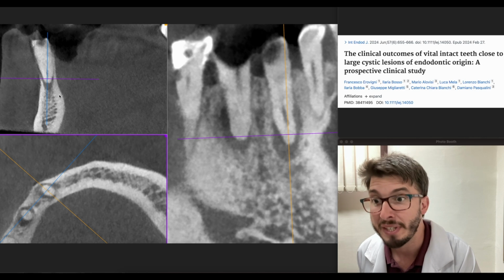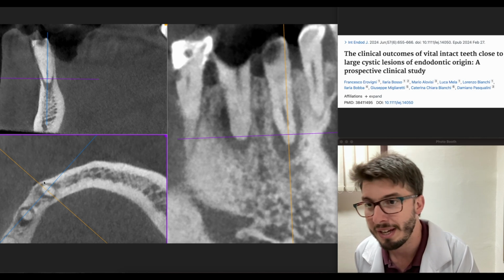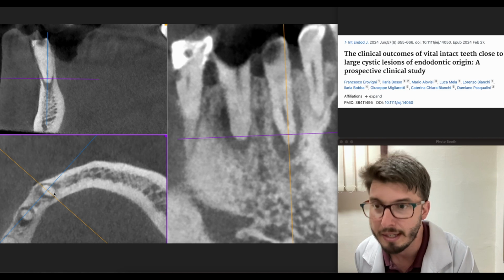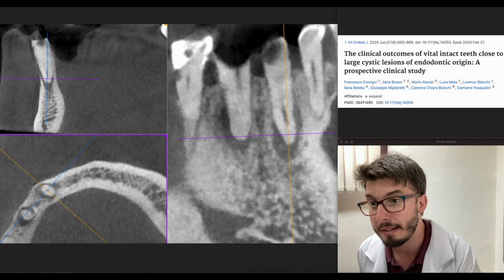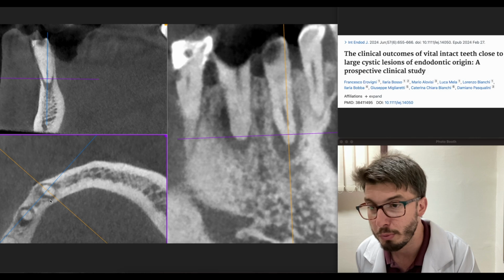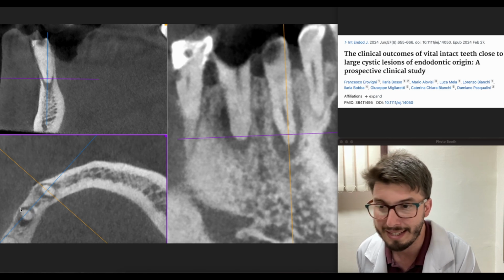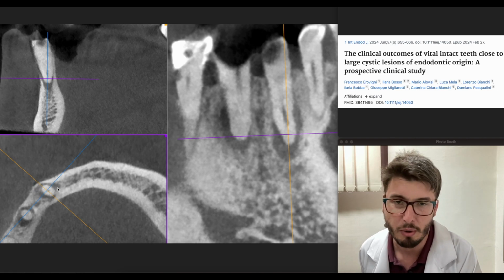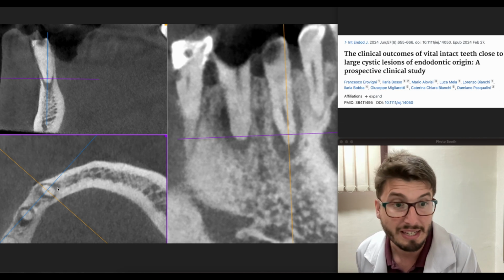So we need to analyze this property. We have buccal plate resorption. Take a look at this in the axial plane. The lingual plate also has resorption, but take a look at the extension in the axial plane. Even with a little bit of buccal plate expansion, maybe only a little, they could be cysts as well.